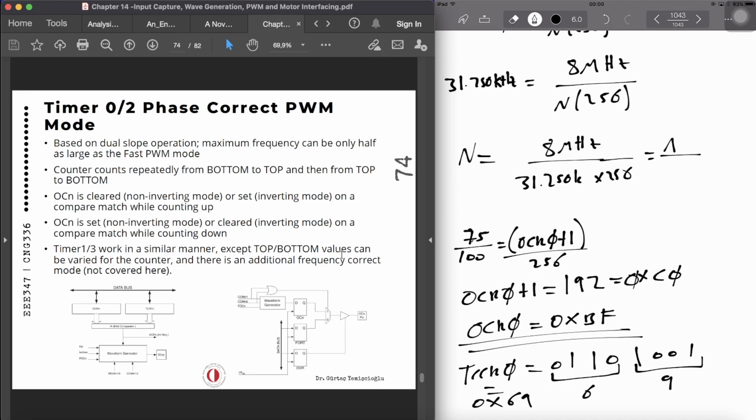It's quite different to fast PWM. And OCn is cleared, non-inverting mode, or set, inverting mode, on a compare match while counting up. And also it can be OCn set, non-inverting mode, or cleared, inverting mode, on a compare match while counting down. So two modes of operation again, and timer 1 and timer 3 are operating in a similar manner, and only the values are going to change.